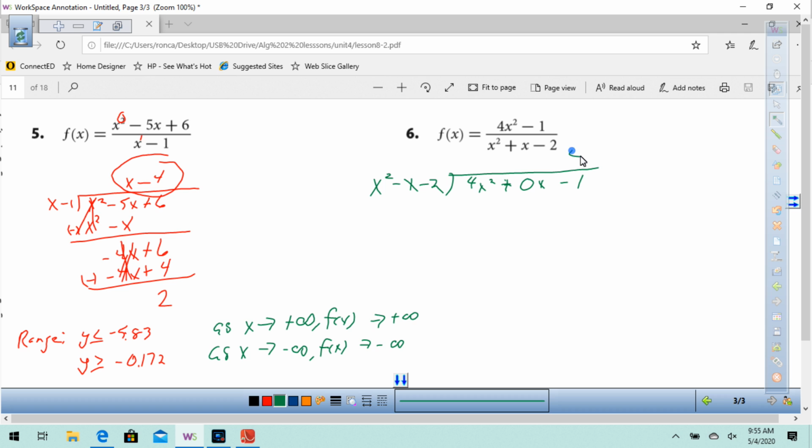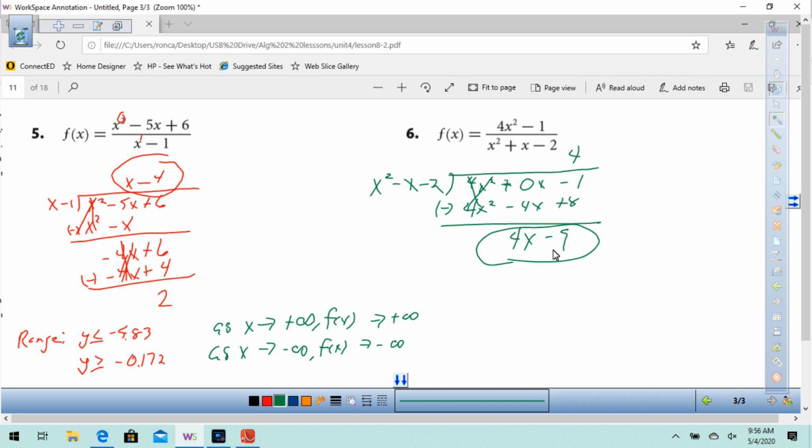So we're going to put 4 there. 4, that's going to give us 4x squared minus 4x plus 8. That cancels out. 0 minus 8, that's going to be 4x. 1 minus 8, that's going to be minus 9. Okay, so that is our remainder.